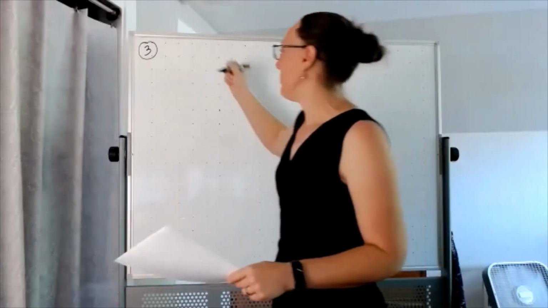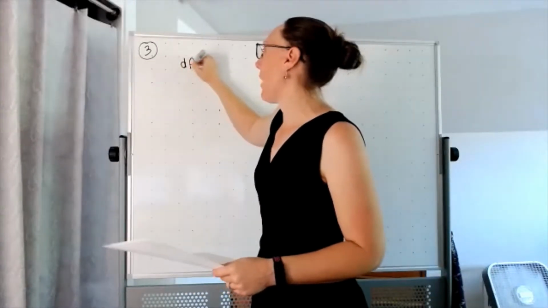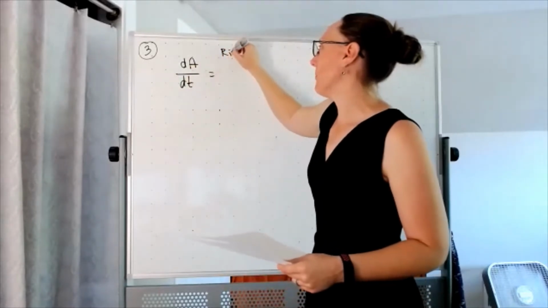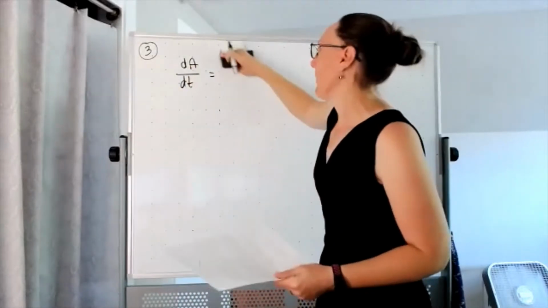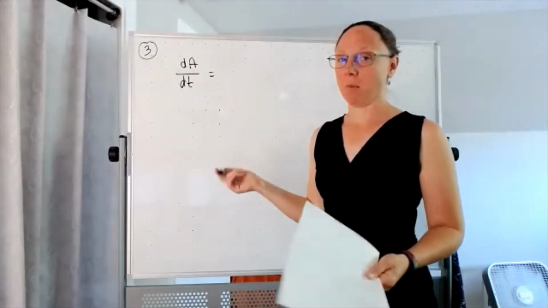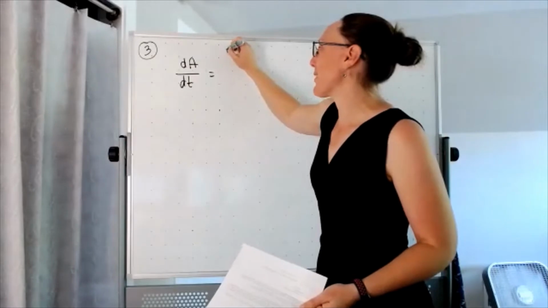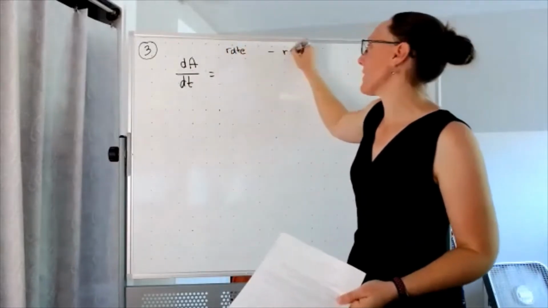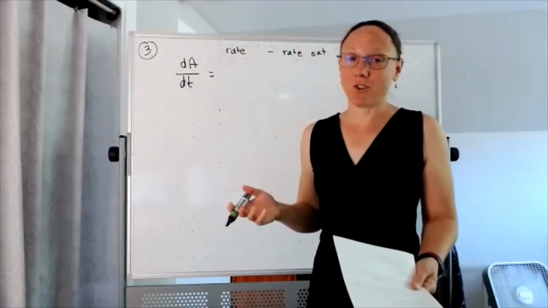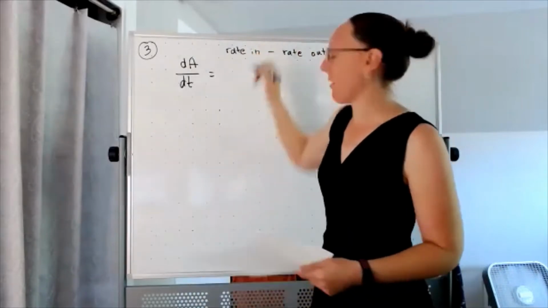So overall, I know that we're looking for some kind of equation that is going to look like, the rate of change for the amount of the drug in the patient is the rate in minus the rate out. And let's just start looking at what's coming in and what's going out.